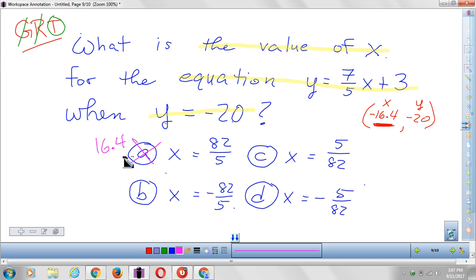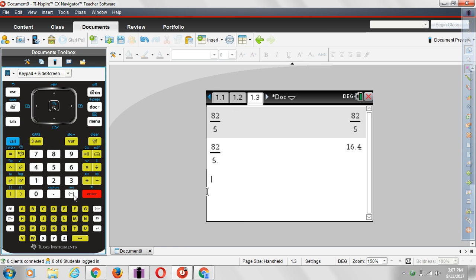So probably some of you are jumping out of your chair saying, I know what to do now, sir. This is very simple now. But let's do it again just to make sure. The next fraction I see is negative 82 over 5. Okay. So negative 82 over 5. And do not forget, you have to put that decimal point.